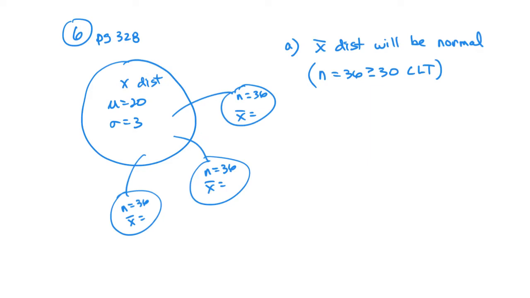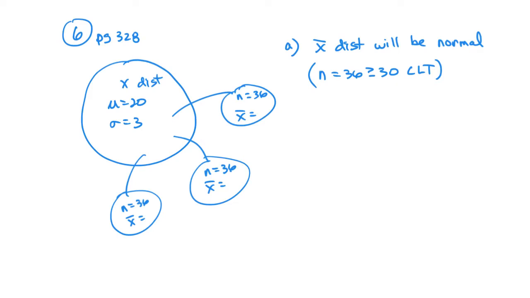So for small samples, we have to do different statistics. So for us, as soon as we hit that magic number of 30, we're okay. Even though we don't know if this is normal, because they don't tell us, this will be normal because our sample size is 36, and that's above the magic number of 30. Okay, so that'll be normal.